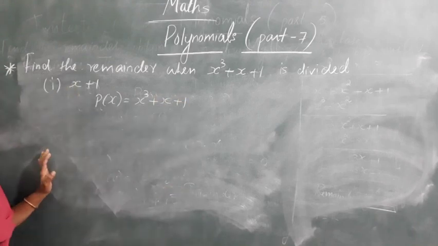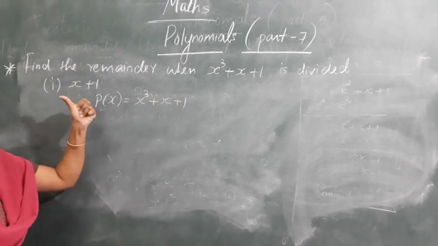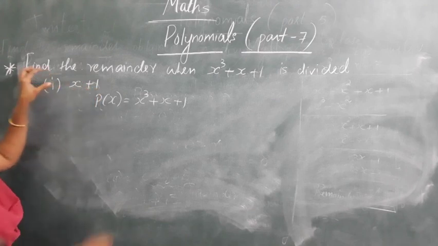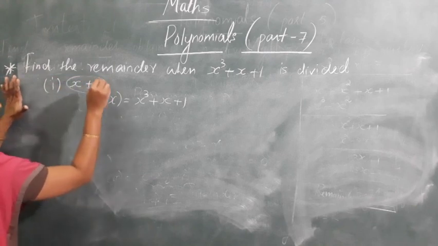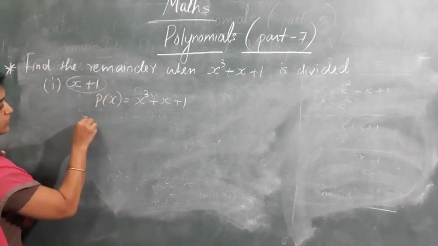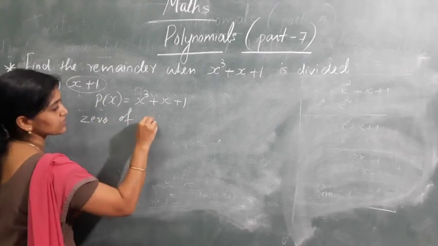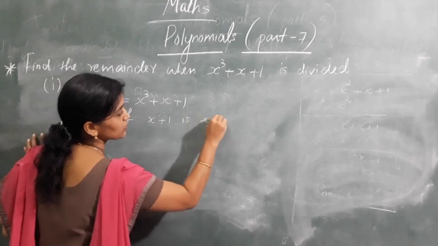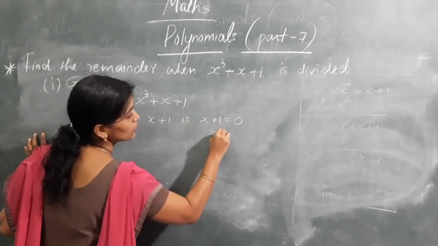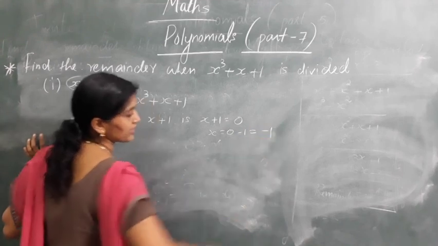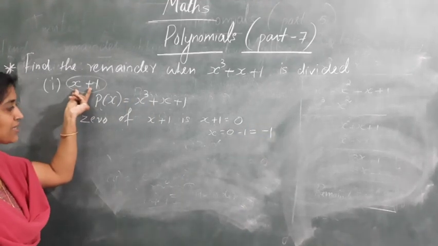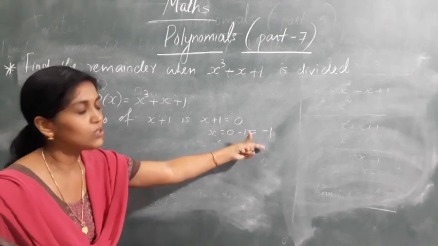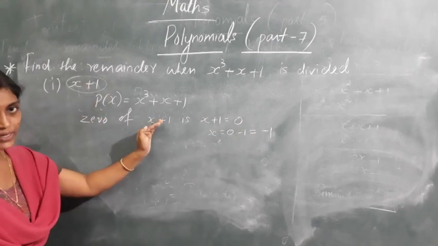To find the remainder, first we have to find the zero of the polynomial x plus 1. So x plus 1 equal to 0, x is equal to 0 minus 1, which is minus 1. So the zero of the polynomial is minus 1.